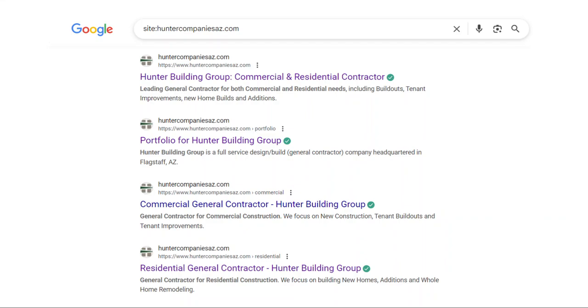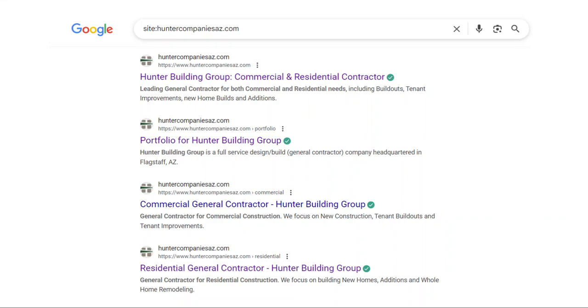This is abbreviated to make a point, but Google sees that the most important is obviously the homepage, and the second, in its perception, is the portfolio. Then comes its understanding that they are a commercial general contractor, and then that they are a residential general contractor.